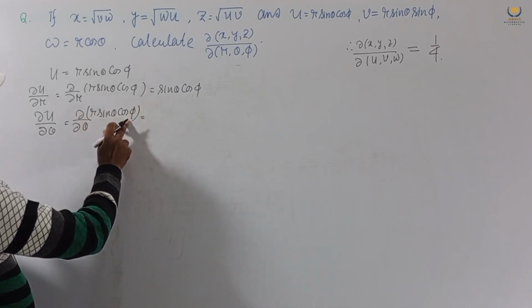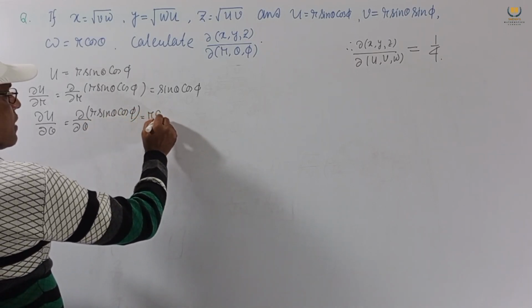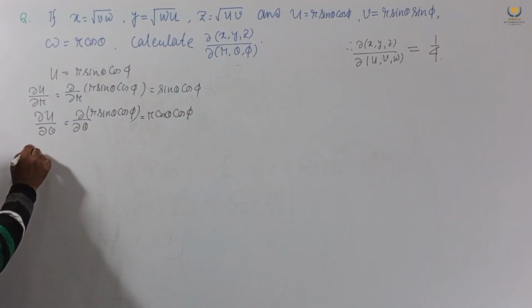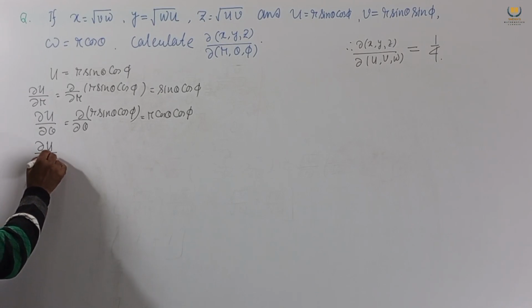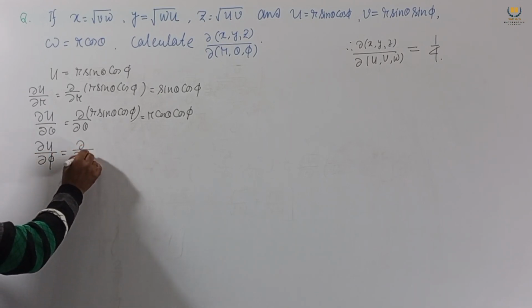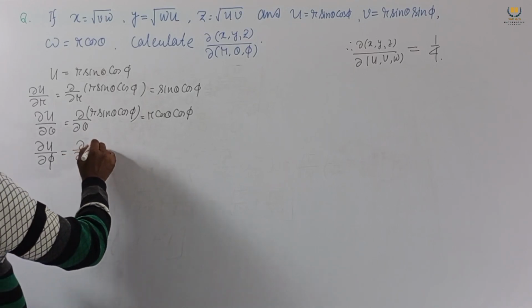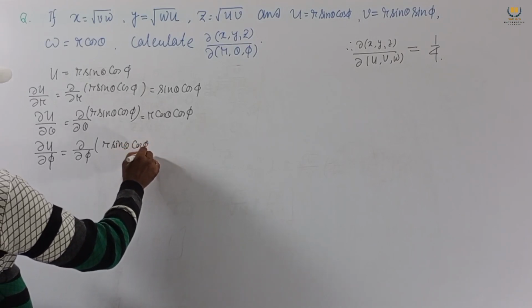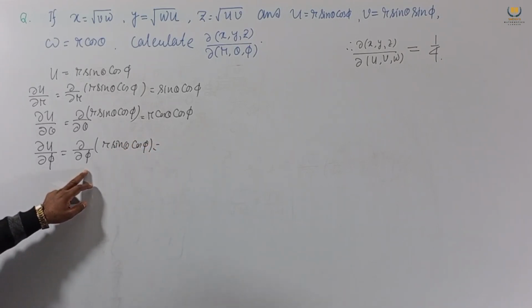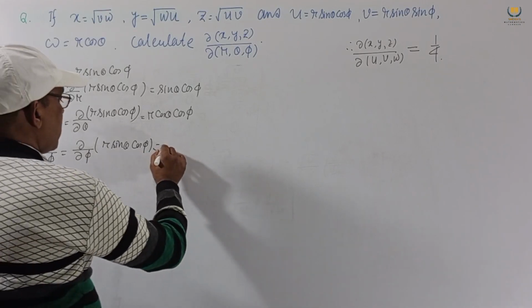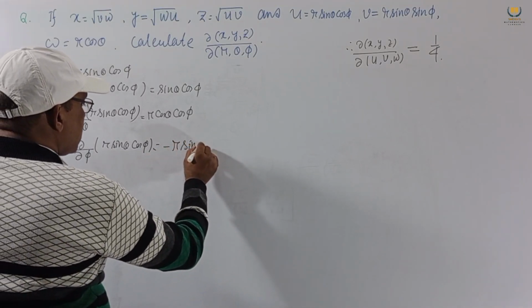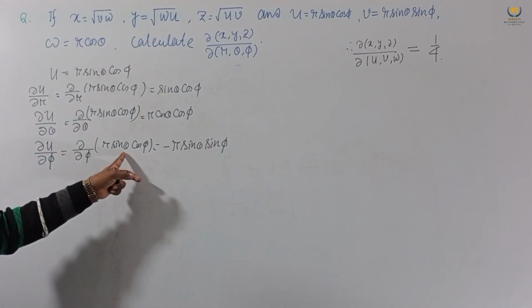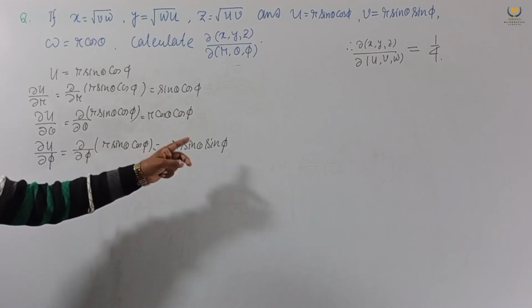So r cos phi is constant, this is r cos theta cos phi we get. Next del u by del phi, u means r sin theta cos phi, we differentiate partially with respect to phi, then cos phi means minus sin phi, minus r sin theta sin phi. R sin theta is constant, del by del phi of cos phi is minus sin phi.